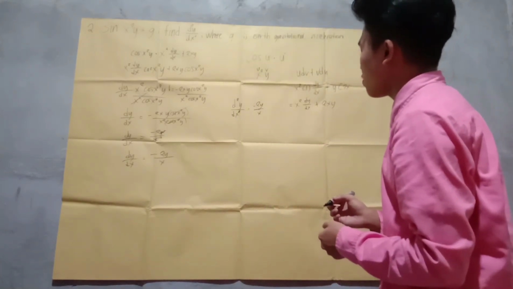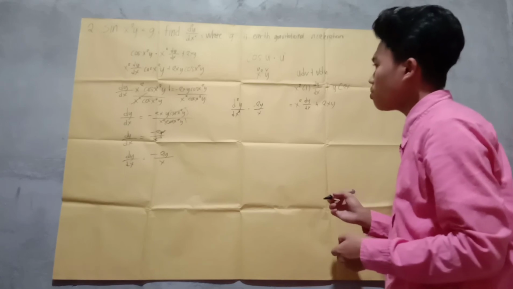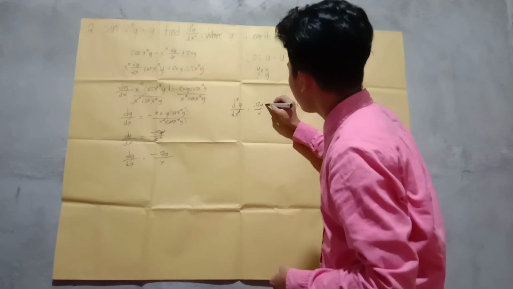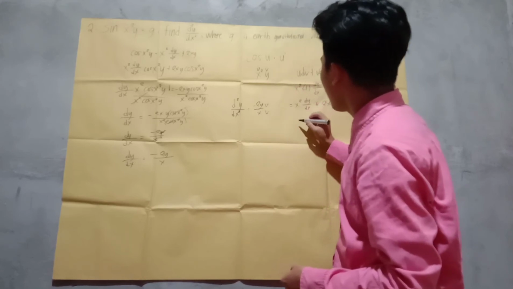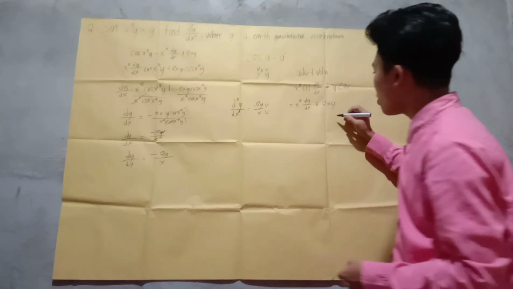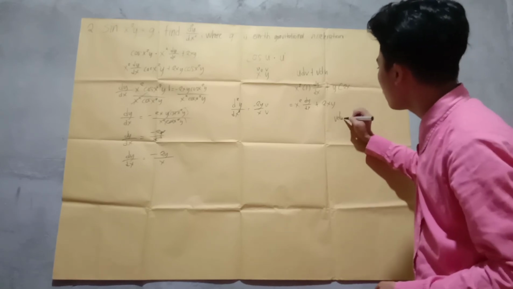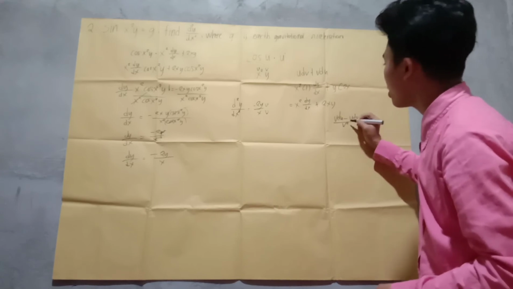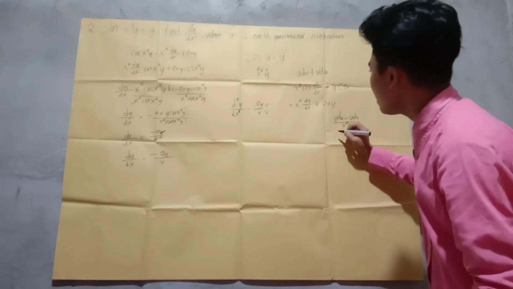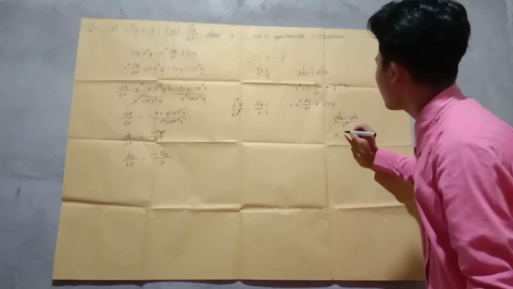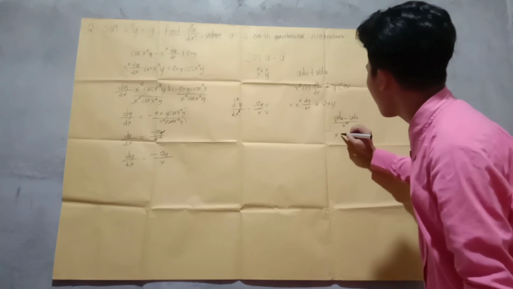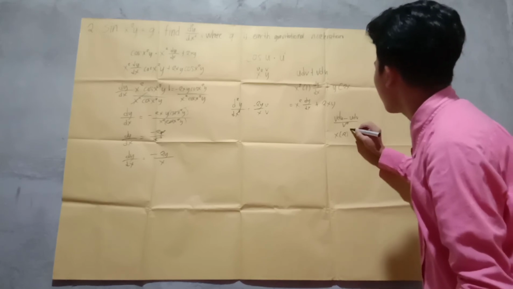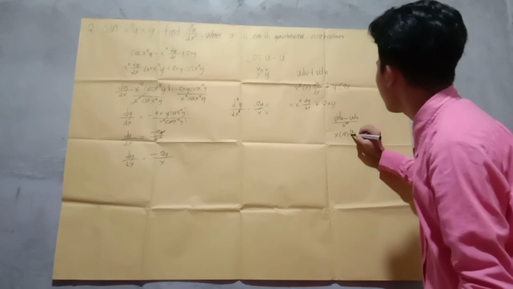So what we're going to do next is apply the quotient rule of differentiation, where this is the u and this is the v, with the formula v du minus u dv over v squared. So v is x, and the derivative of u is negative 2 dy over dx.